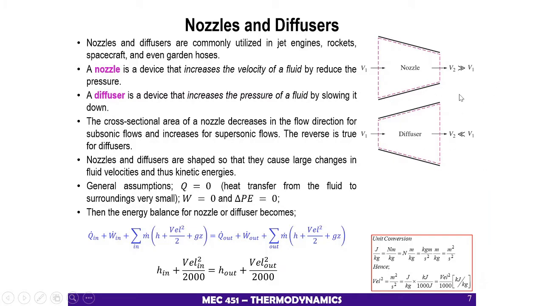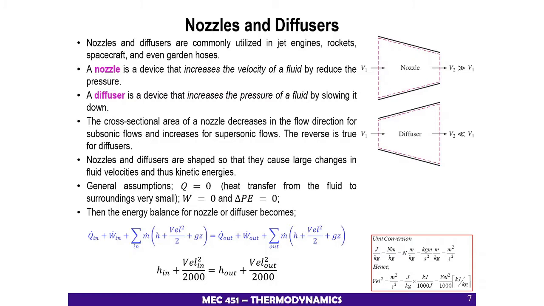The cross-sectional area of a nozzle decreases in the flow direction for subsonic flow and increases for supersonic flow. The reverse is true for a diffuser. Diffusers and nozzles are shaped so that they cause a large change in fluid velocity and thus kinetic energy.